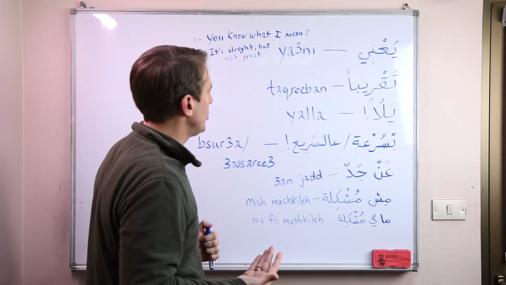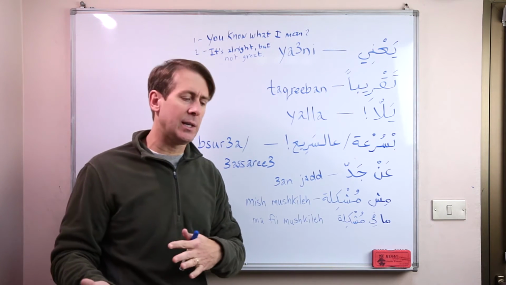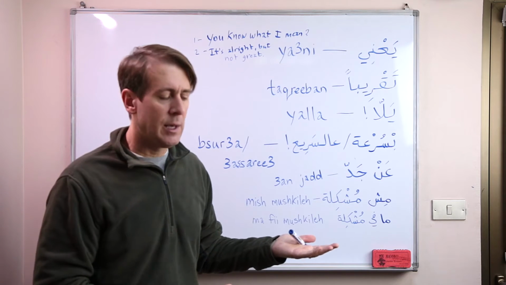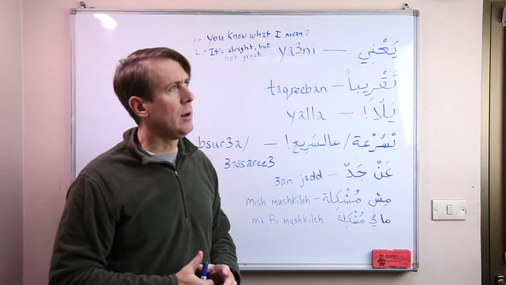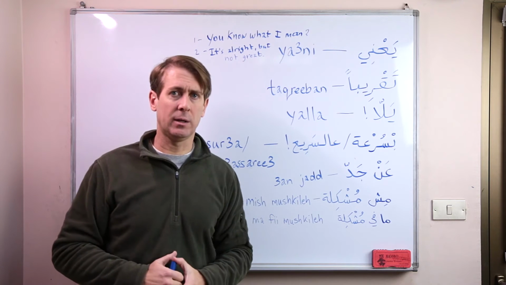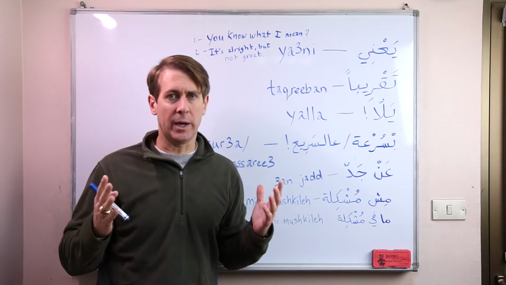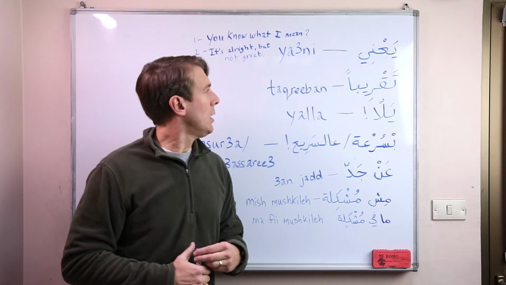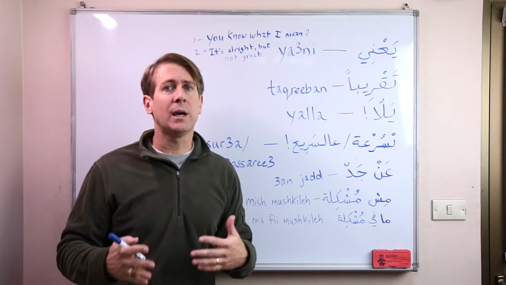So you can use this at the beginning of the sentence or at the end of the sentence, and it will be something like we're almost there. تقريبا وصلنا. Or you could say وصلنا تقريبا.